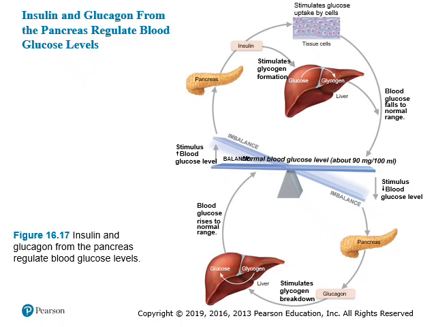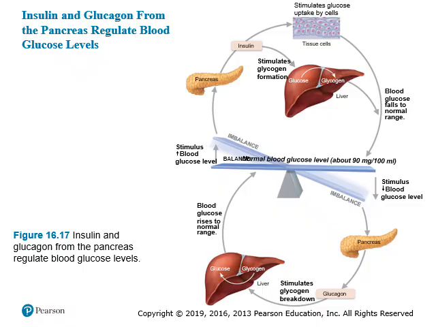Let's say there is an imbalance, and the stimulus is that your blood glucose level goes up. You ate too much, so the blood glucose level went up. It's going to stimulate the pancreas to release insulin. The insulin is going to stimulate glycogen formation, so the glucose in the blood is going to be stored in the liver as glycogen.